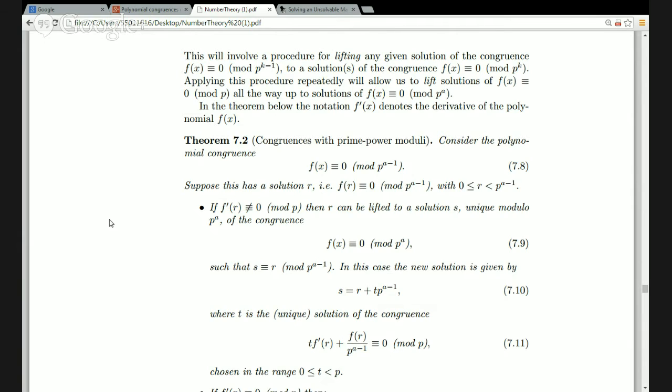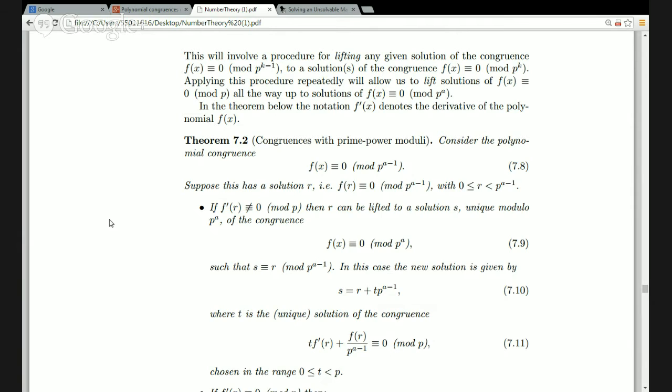Each solution at one particular level can split and generate several distinct solutions at the next level, or they may just lift uniquely. So we'll apply this repeatedly, starting off by solving these things and lifting them up to the solutions modulo whatever prime power we're looking at.